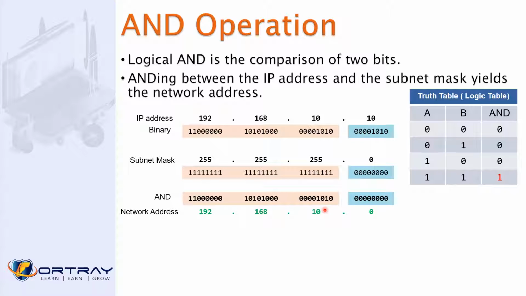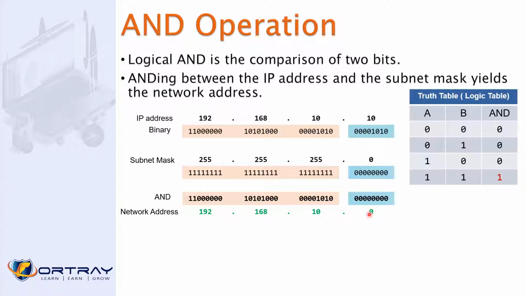If you want to calculate what will be my network address, do the AND operation. Take the IP address and the subnet mask, and multiply the corresponding bits: 1 with 1 is 1, 1 with 0 is 0. By default you get 192.168.10.0.